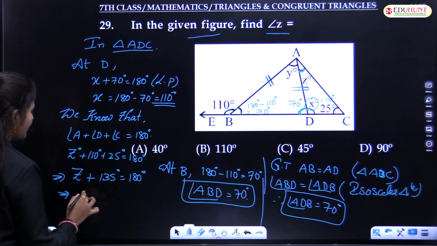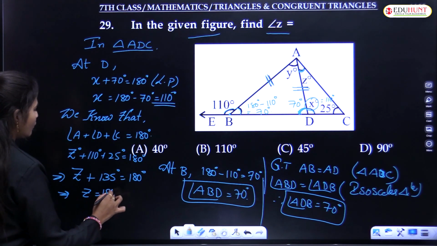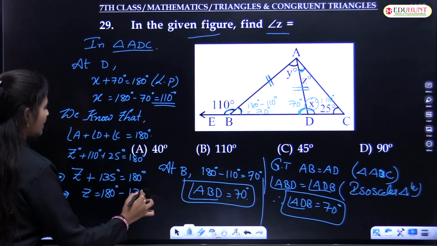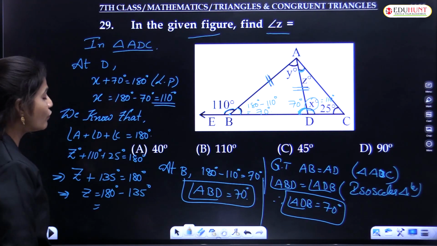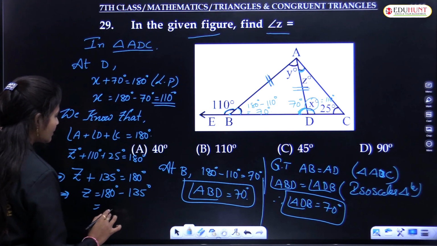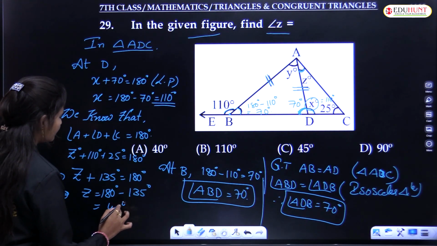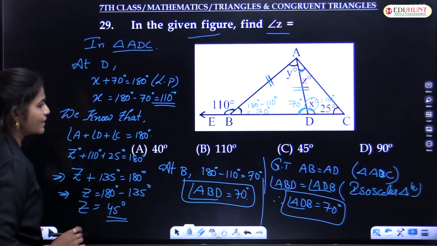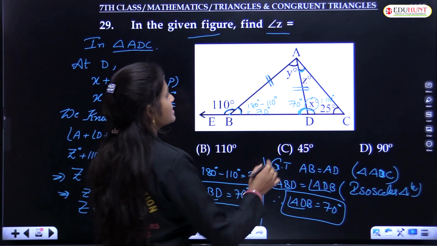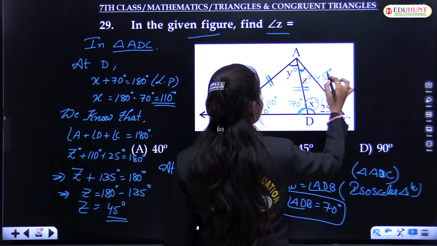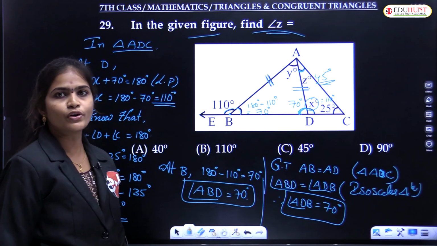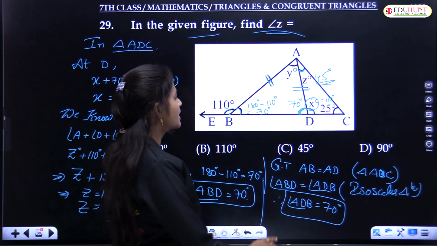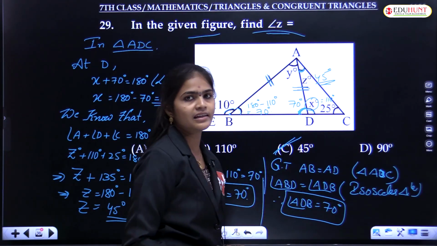So Z is equal to 180 degrees minus 135 degrees, which is equal to 45 degrees. So that is what they are asking, angle Z. Angle Z is equal to 45 degrees. Which option is correct? Yes, option C is correct here.